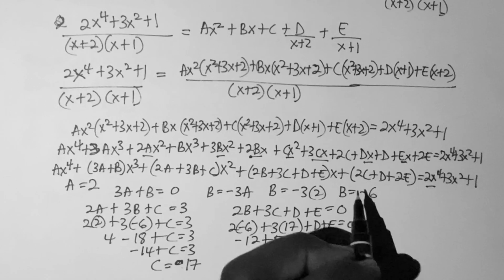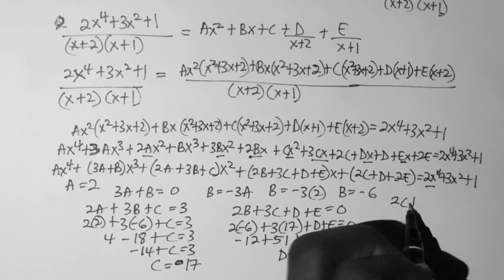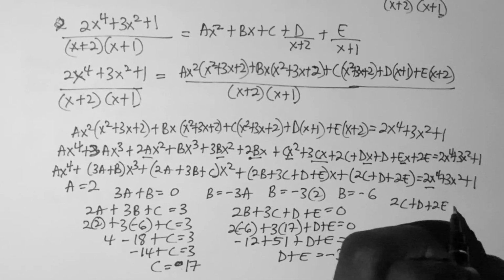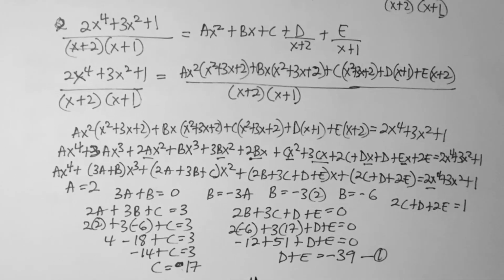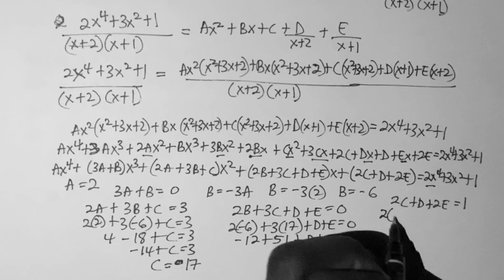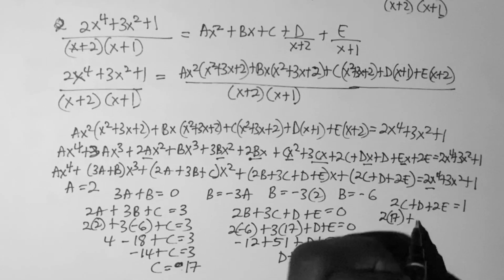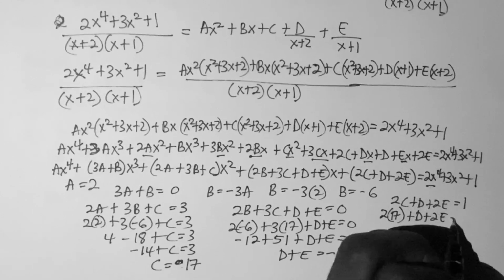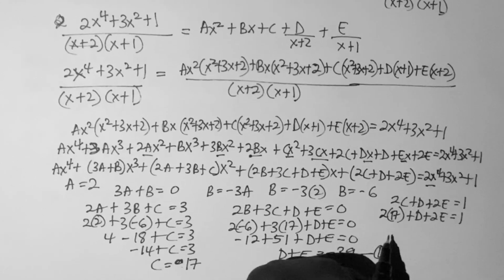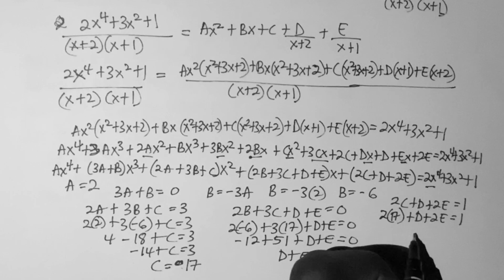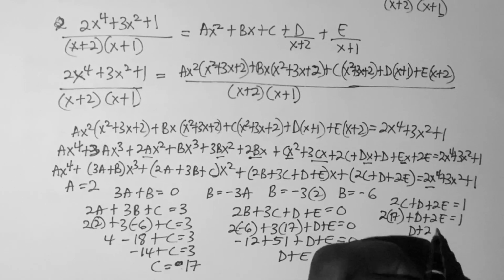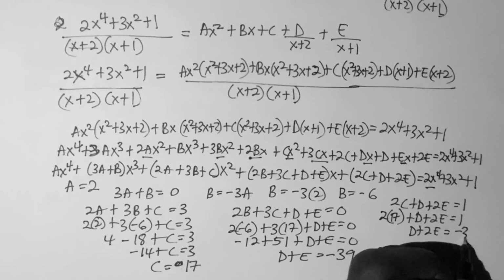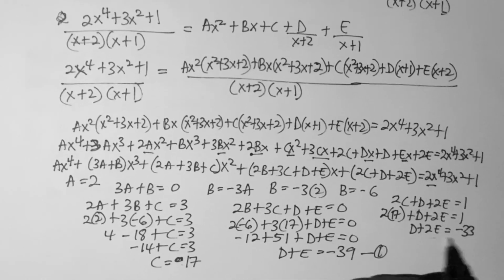Then we are left with the last part, which is 2c plus d plus 2e is equal to 1. So c in this case is 17. So 2 times 17, then plus d, then plus 2e is equal to 1. So 2 times 17 is 34. So d plus 2e is equal to minus 33. So let's look at these two equations.